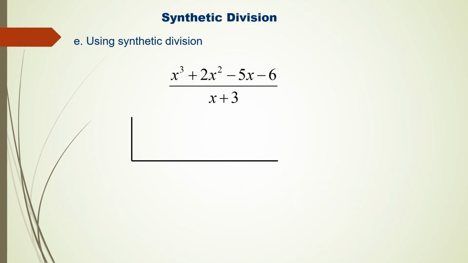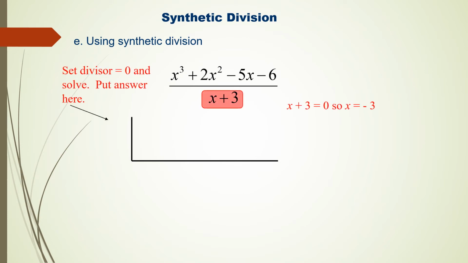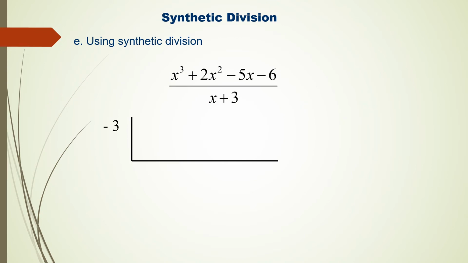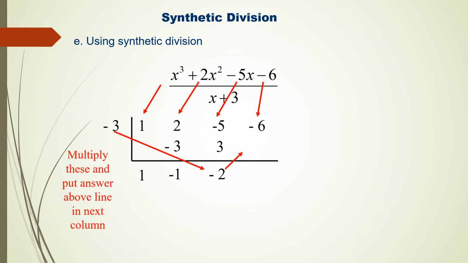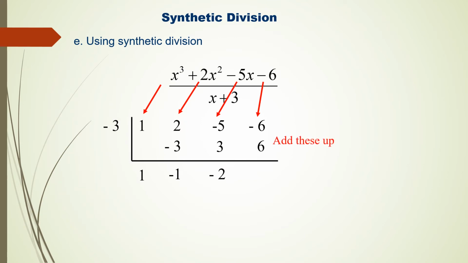Now, let's get the third. I will try x plus 3. If it is x plus 3, x equals negative 3. So, the third divisor is negative 3. So, tingnan natin kung magsisiro ulit to. Bring down the coefficients again. And then 1 times negative 3 is negative 3, plus 2 is negative 1, times negative 3 is 3, minus 5 equals negative 2, times negative 3 is 6, minus 6 equals 0.